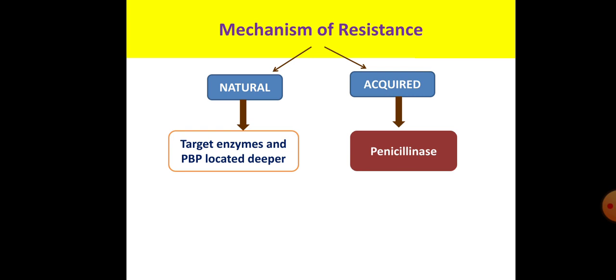Penicillinase is an enzyme which opens the beta-lactam ring, and you all know that the beta-lactam ring is responsible for the antimicrobial activity. And the bacteria elaborates this enzyme, and that's why the penicillin becomes ineffective.